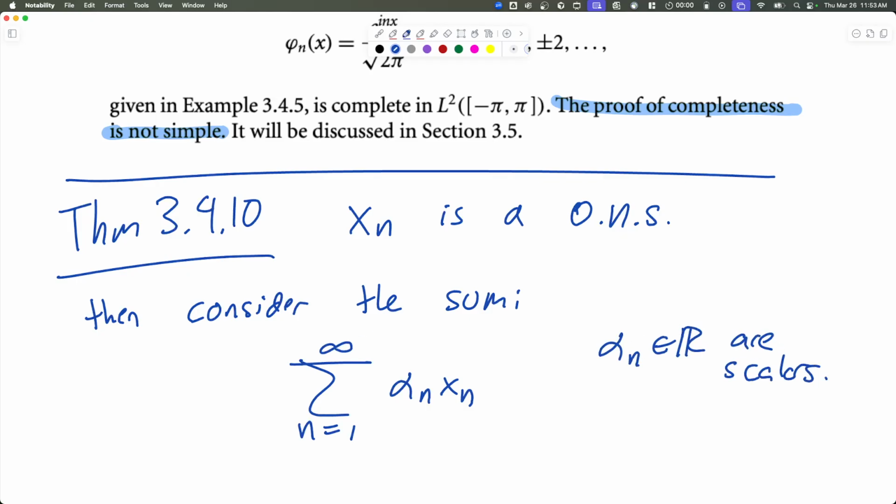So we often use this notation that X and like Latin letters are elements of the space, and alpha n are scalars. So we're doing alpha n times Xn, and we're looking at this infinite sum, and we're going to ask the question, when does it converge? And it turns out there's a very satisfying answer as long as you're in a Hilbert space. So we're going to do an orthonormal system in a Hilbert space.